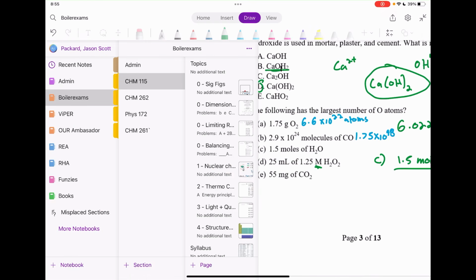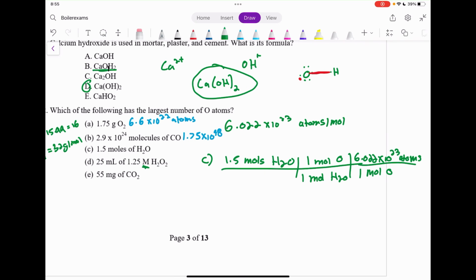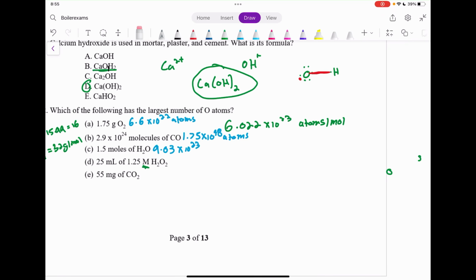It's supposed to say atoms. 1.5 times Avogadro's, and we have that many, a little over 9 times 10 to the 23. This is also atoms. Okay. B still seems like a clear choice.